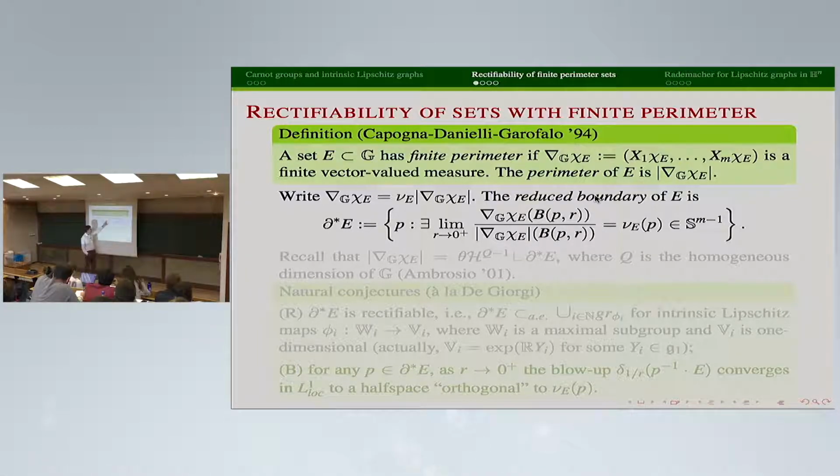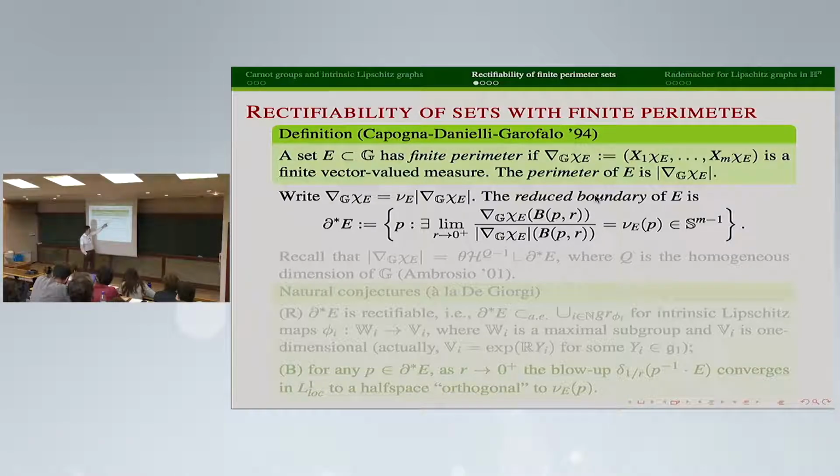Now this is a vector valued measure, and we measure it inside the ball of center P and radius R. This is a vector, and we divide it by this number.